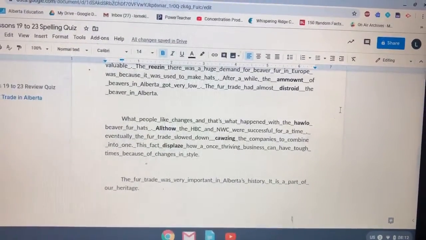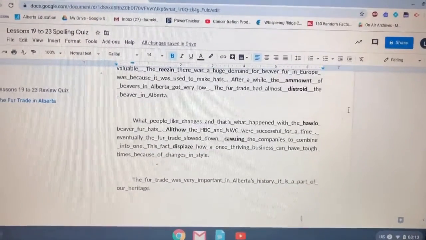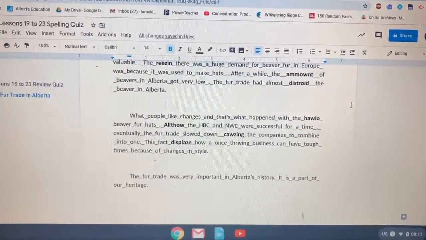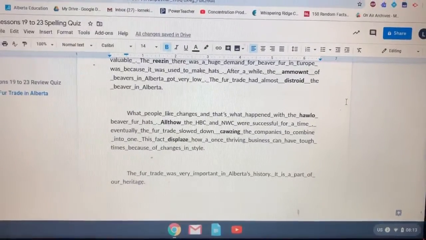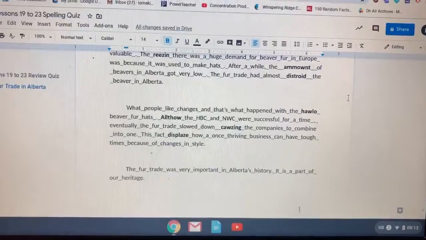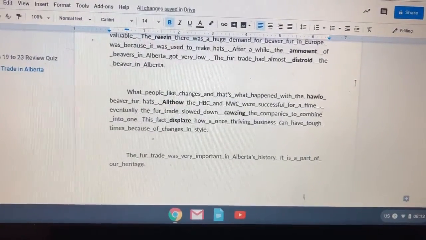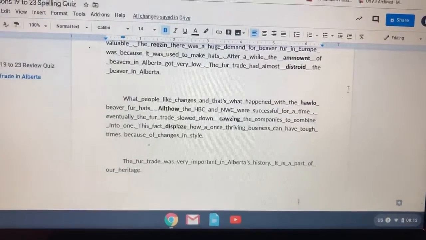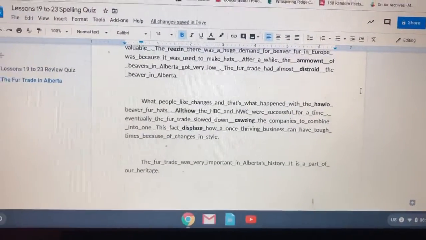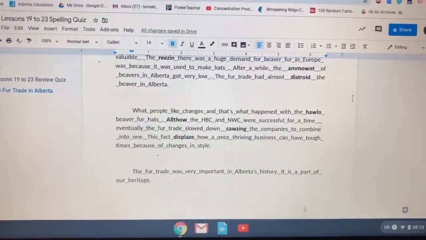This fact displays, that's not how we spell that. Change it so it's right, please. This fact displays how a once thriving business can have tough times because of changes in style. The fur trade was very important in Alberta's history. It is a part of our heritage. So you can go through that document and change those words so they're spelled right.